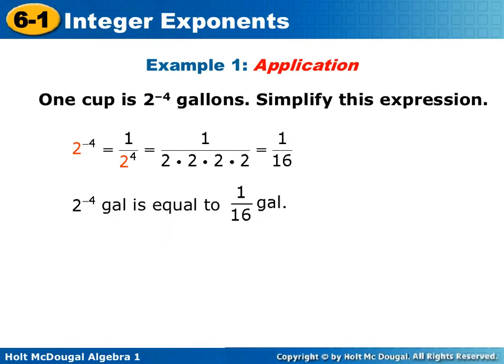Okay, here is like an application, and it says 1 cup is equal to 2 to the negative 1/4 power gallons. So again, when you have a negative exponent, it does not make the number negative, it puts it underneath the 1. And then we would figure out what 2 times 2 times 2 times 2 is, and it's 16.